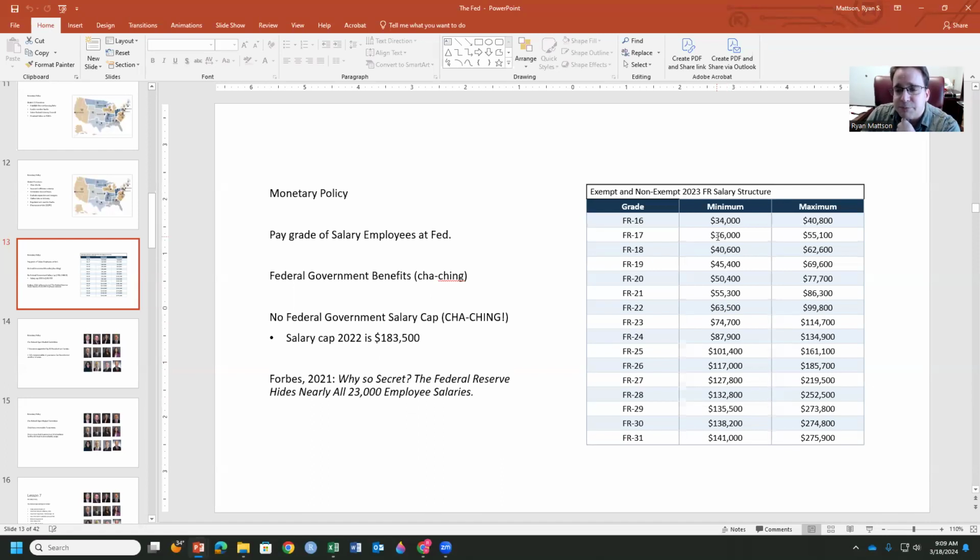I would say undergrads probably come in at the FR 16, 17 level, master's students around the 21, 22. I'm not saying you have to have a PhD or JD to come in at 27, 28, but that's usually about their entry into the Fed, at least as far as I know and what I've been hearing from people. However, Forbes magazine in 2021 did do an in-depth look at Federal Reserve salaries, and basically, they're not hugely transparent on what a lot of the higher-ups are making.